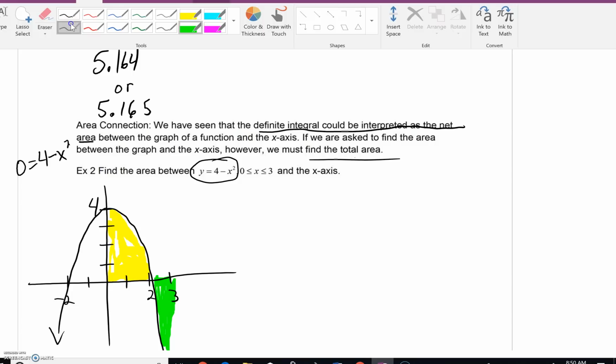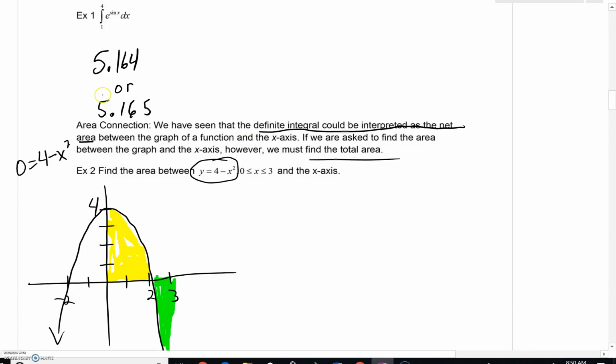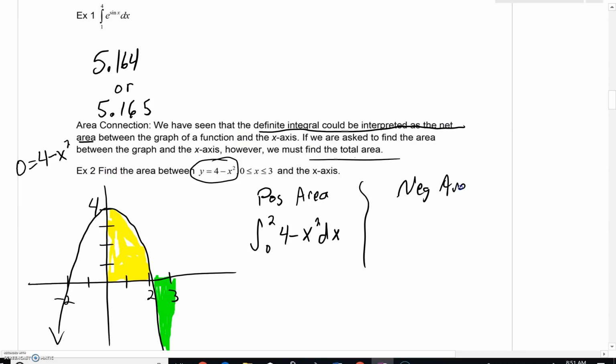And really what we need to do is to be aware of that fact, and we're going to very quickly address where we'd have positive area. That would be the integral between 0 and 2 of 4 minus x squared dx. And where we expect to get negative area, the negative area, of course, would go from 2 to 3.